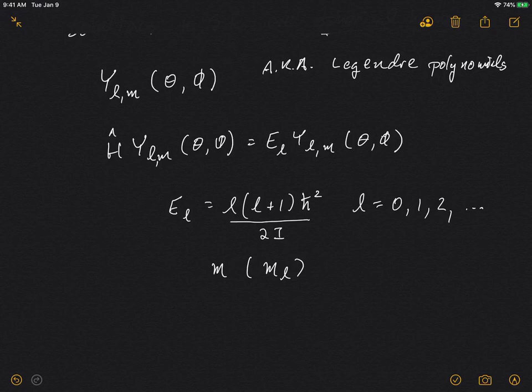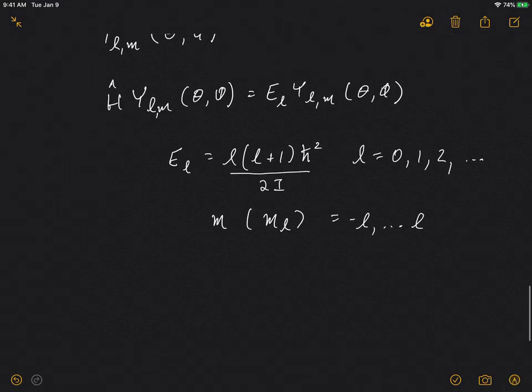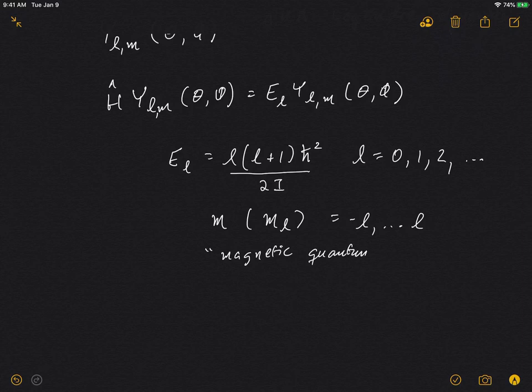And M sub L ranges from minus L to L. And this is the magnetic quantum number. I believe some places it's called the azimuthal quantum number.